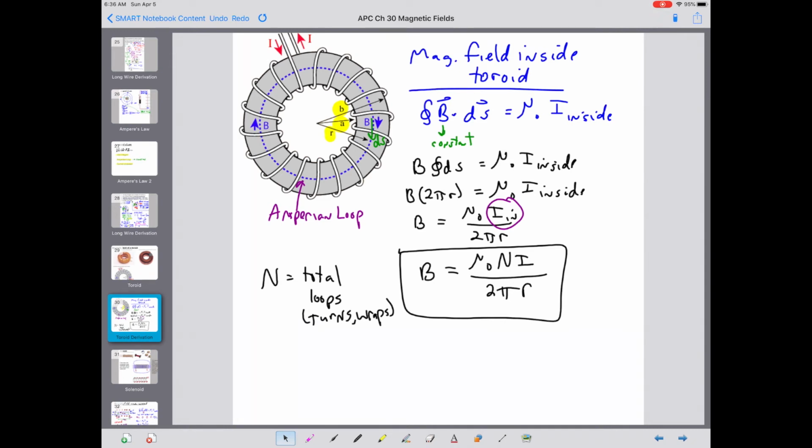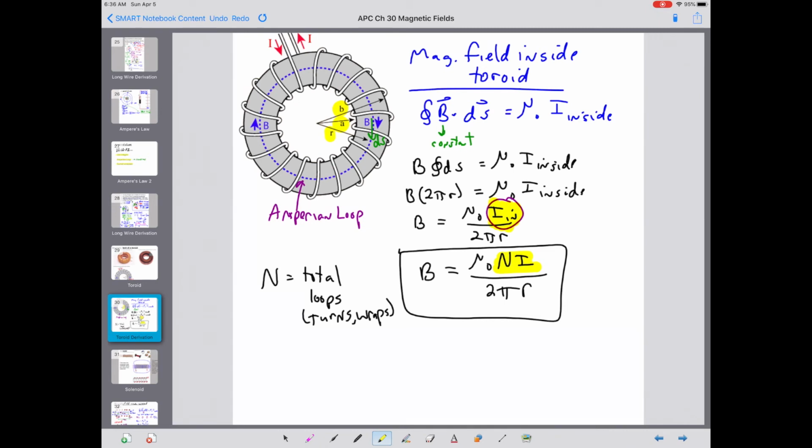For that toroid, you can wrap your fingers in the direction of the current, which would go into the inside of the toroid, and your thumb will point the direction of the magnetic field. And so then basically going through Ampere's law and the substitutions with I inside right here, when you get down to that point, you just have to do a simple substitution with a multiplier.